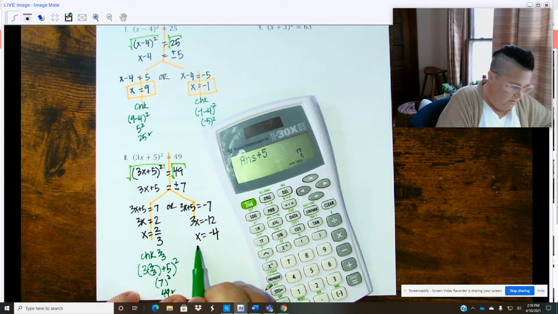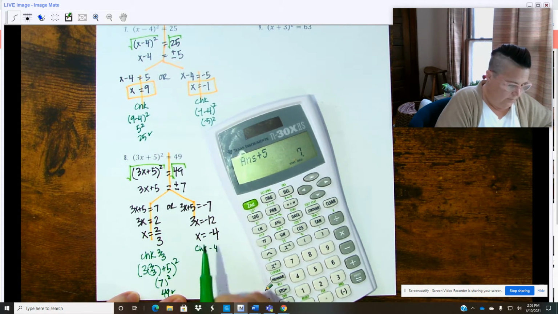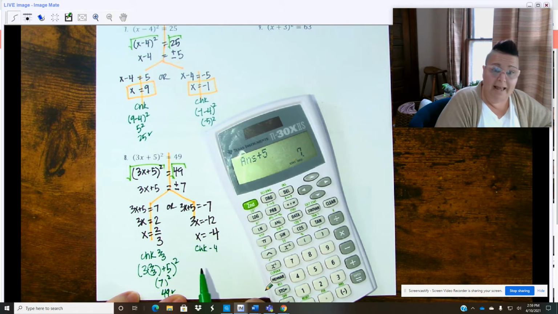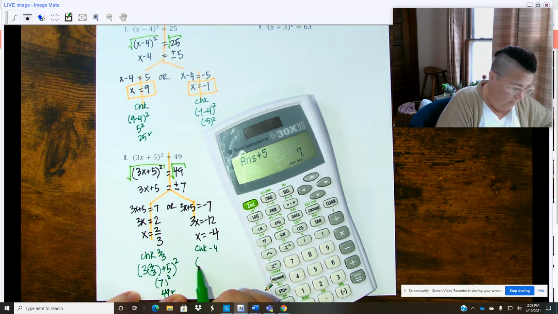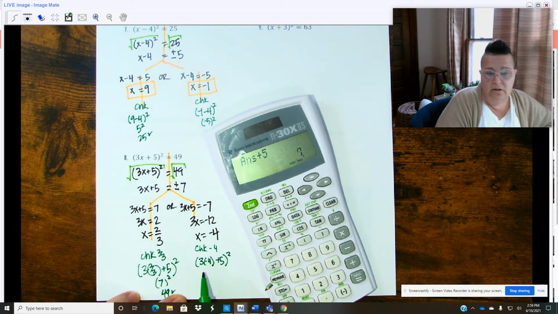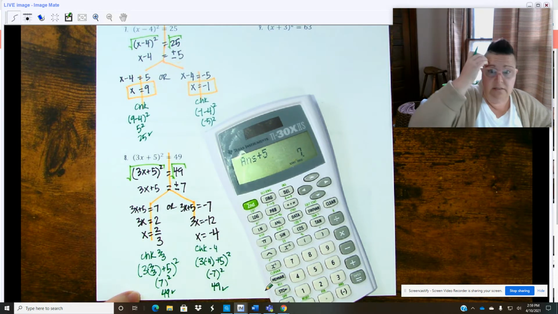And I'm also going to check that negative 4. If I check that negative 4, I'm going to have 3 times a negative 4 plus 5, squared. That's 3 times a negative 4, that's negative 12. Plus 5 is negative 7 squared, which is also 49. That checks.